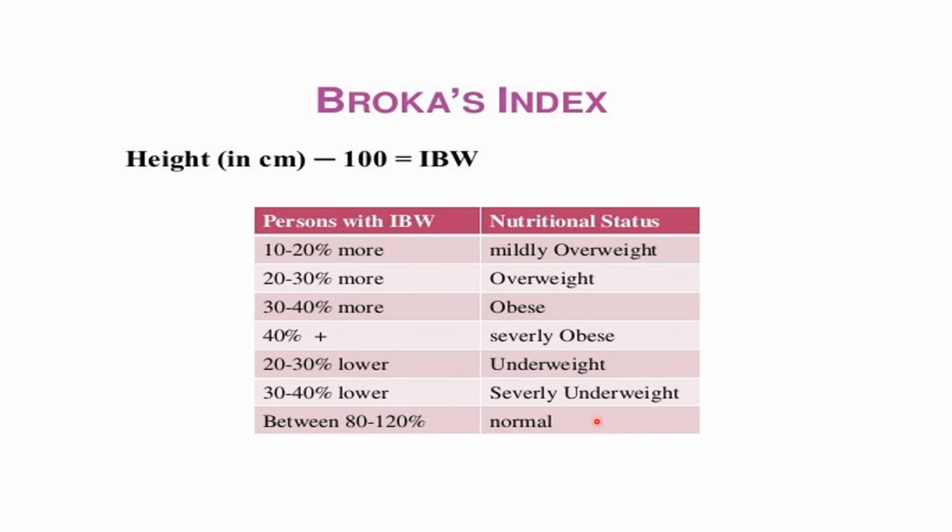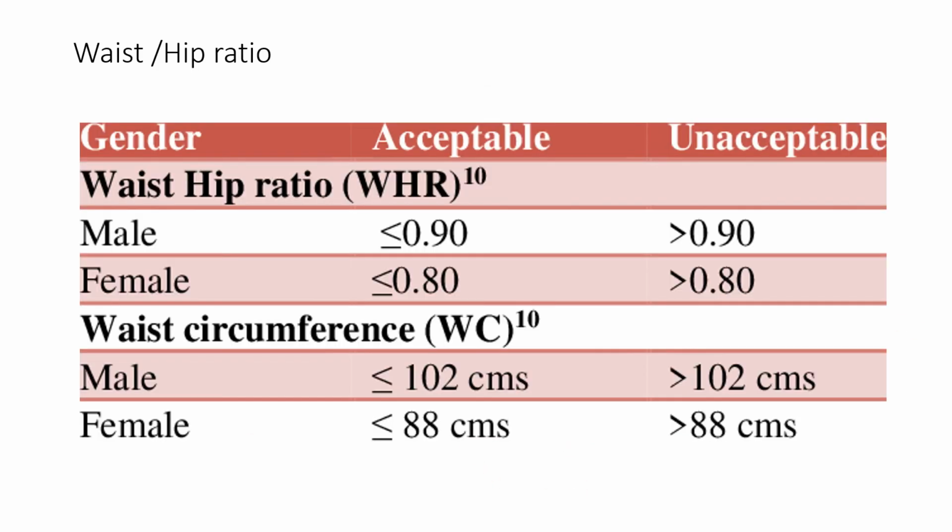And if we calculate the percentage and it comes to 80 to 120%, we consider that person as normal. Like this we assess the nutritional status according to Broca's index.